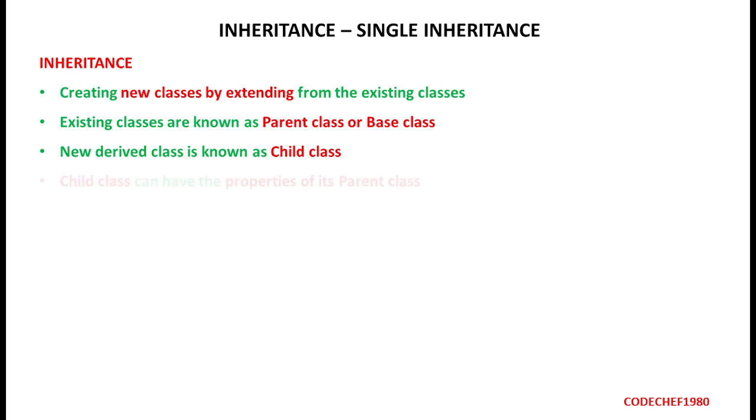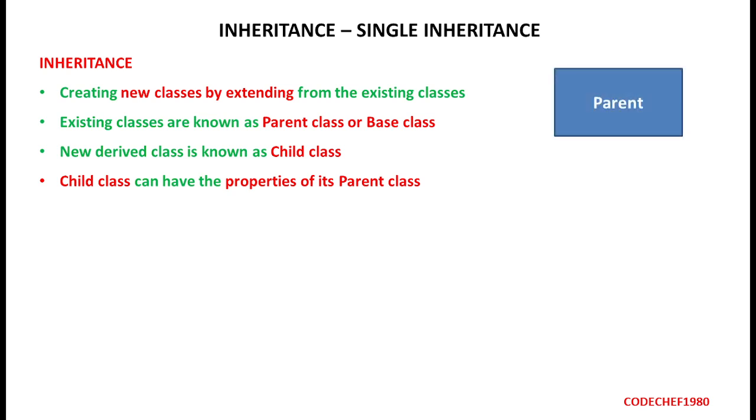Here the child classes can have the properties of the parent class, and also they can have their specialized properties. For example, you can see a very simple pictorial representation of that. From the parent class, the new child class is created. Take a very simple example: human beings have the properties of their parents.